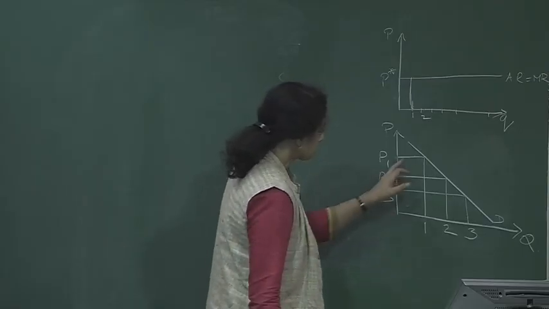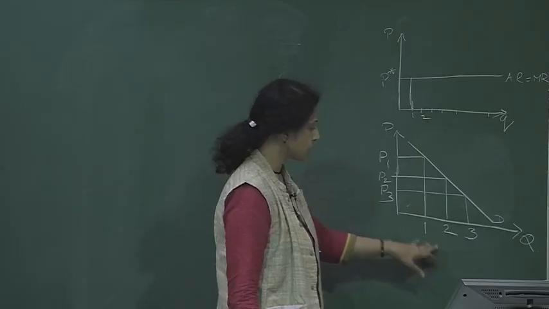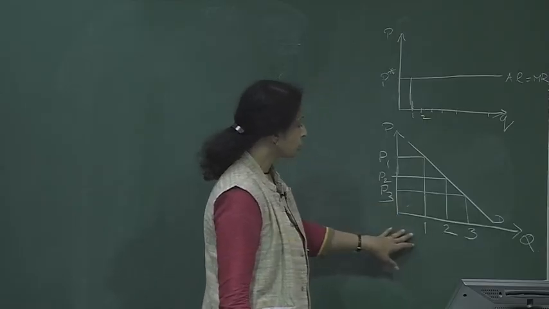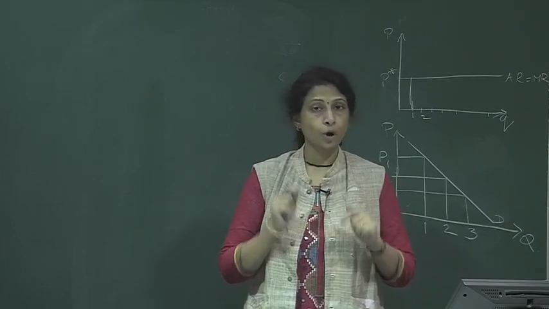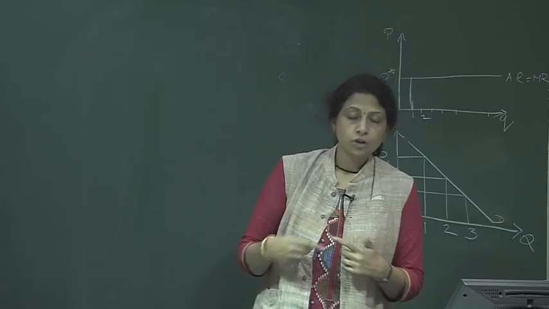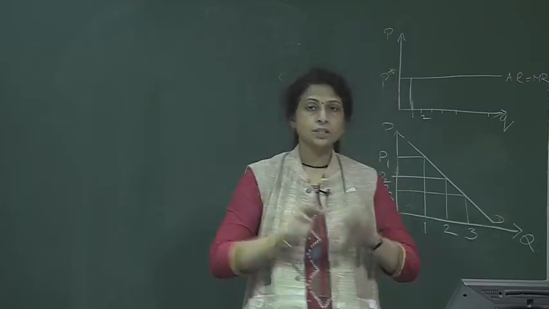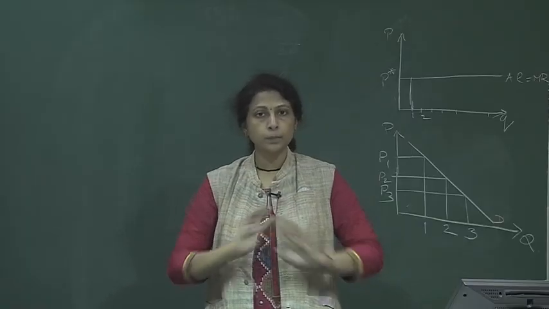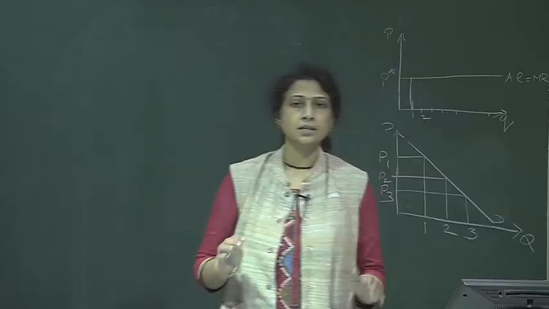So, that is the difference between perfect competition and monopoly. For the perfectly competitive firm, he does not have to worry about marginal revenue. He knows that marginal revenue is going to be P no matter how many units he sells in the market.